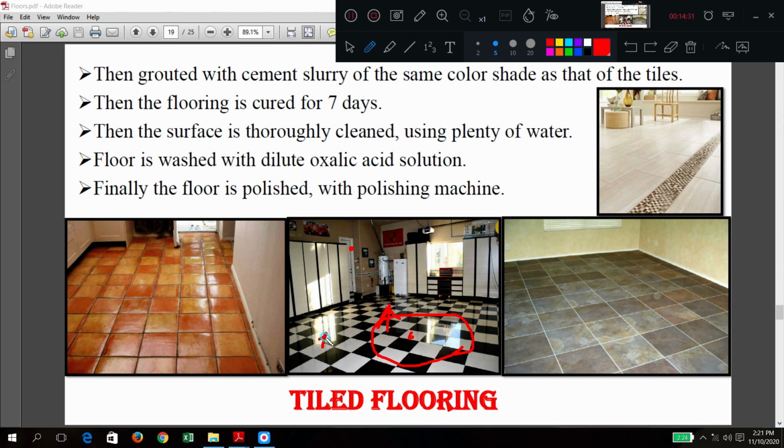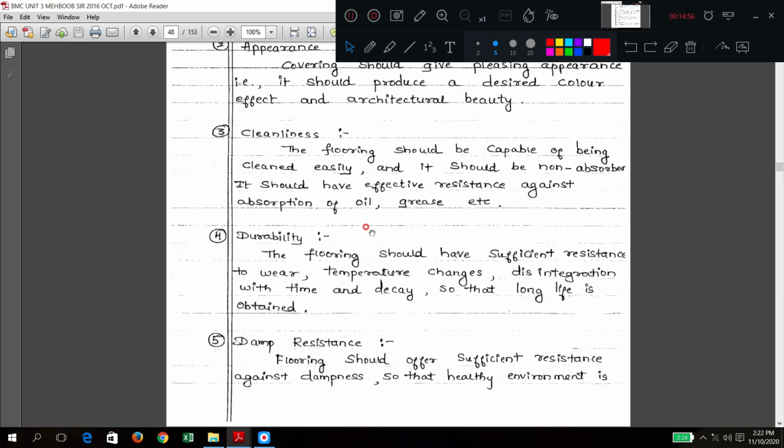That is why we call it non-absorbent floor. It should also get cleaned easily, by wiping with some cloth. That is why we call it cleanliness. That is also one factor for the selection of material.